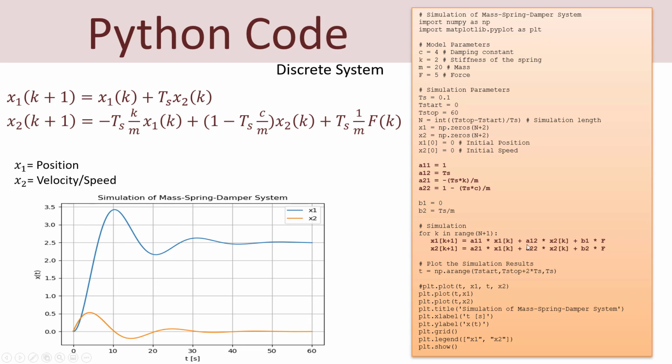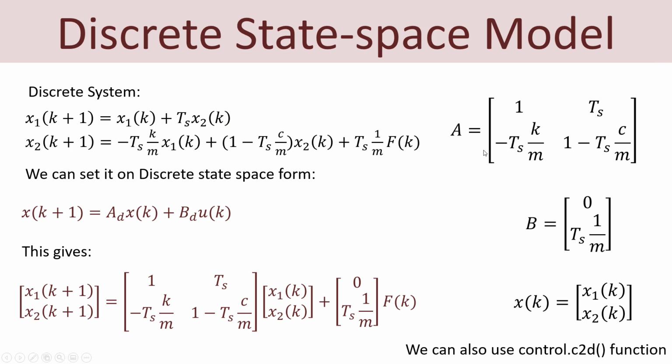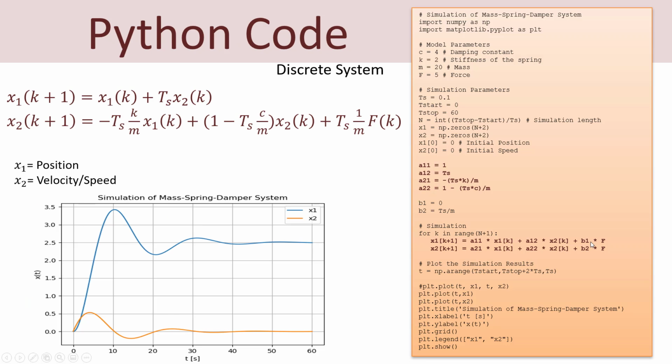And here is A11, A12, etc. And B1 and B2 is this A matrix and the B matrix. And the rest of the code is very similar to previous examples. I just define these model parameters c, k, m, and F.